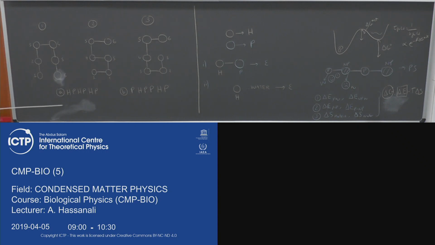And so they consider 2 sequences: HP, HP, HP, HP, and another one which is PH, PP, HP. Just to make the connection for you, these are like the primary sequence of amino acids. In the real primary sequence, I have at each site 20 possible combinations, so it's 20 to the power 6.